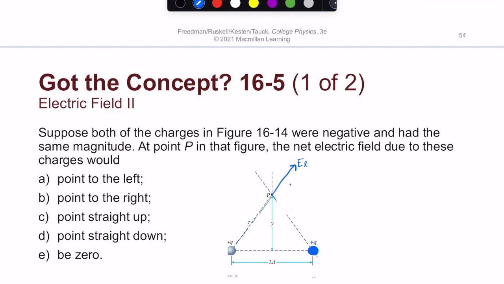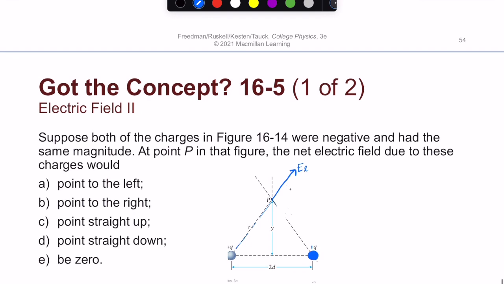Okay, what about the right Q? At location P, the electric field is a straight line path directly away because it's also positive. So here is E right. If we add these two vectors together, well, if we break them into components, I'm breaking this vector into components, the x component and y component of the right, and the x component and y component of the left vector.